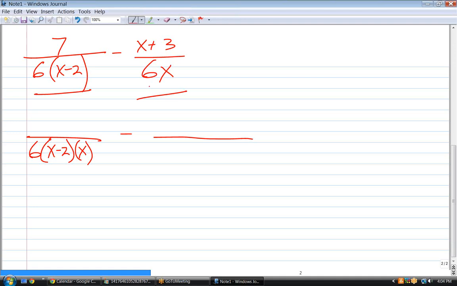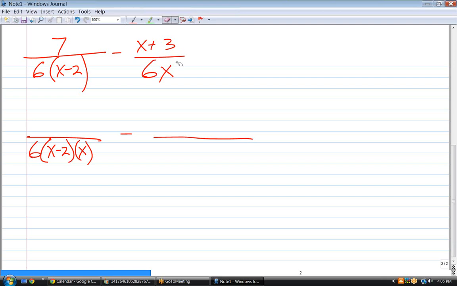This divides into it x minus 2 amount of times. So normally when you just multiply the variables times one another and leave them in factored form like this, that's going to be your common denominator. Sometimes you can get away with not multiplying them outright.